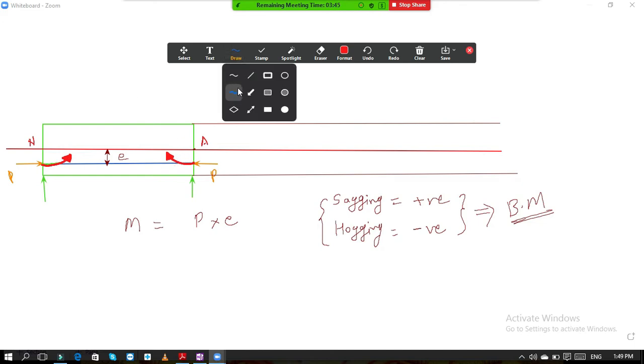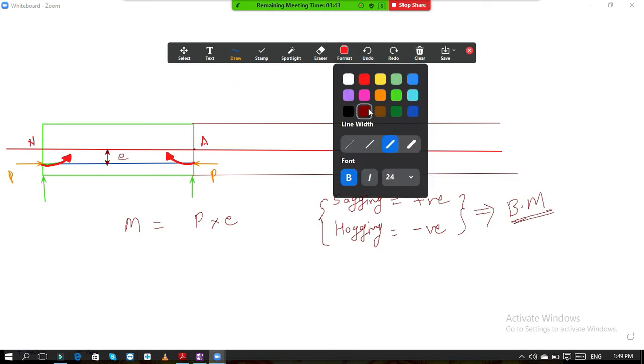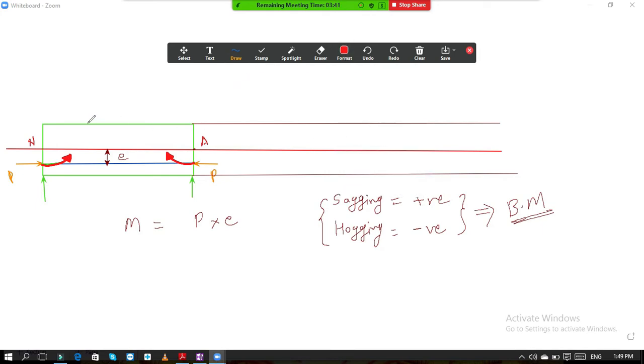So because of this, the bending moment profile of this beam will tend to bend in this direction. It will try to uplift the beam if you see the direction of both the forces.